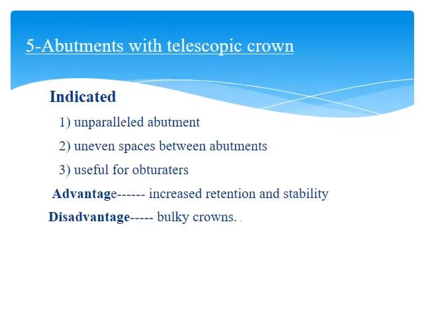The indications for abutment with telescopic crown: first, unparallel abutments; second, uneven space between abutments; and useful for obturators. The advantage is increased retention and stability, and the disadvantage is the bulky crowns.